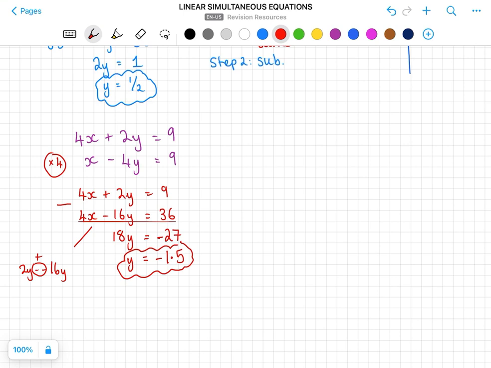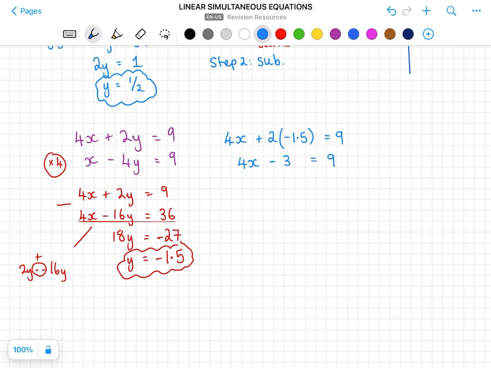Step 2 is the same. We substitute. So we can pick either of our equations and substitute in our known value for y. 4x plus 2 multiplied by minus 1.5 equals 9. 2 times minus 1.5 is minus 3.